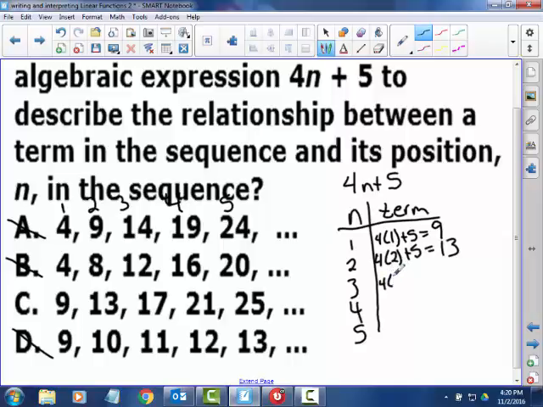So this would be 4 times 3 plus 5, which is 17, and that's a match. 4 times 4 is 16, plus 5 more makes 21. And then 4 times 5 plus 5, okay, that would be 4 times 5 is 20, plus 5 is 25. So we have a perfect match there.